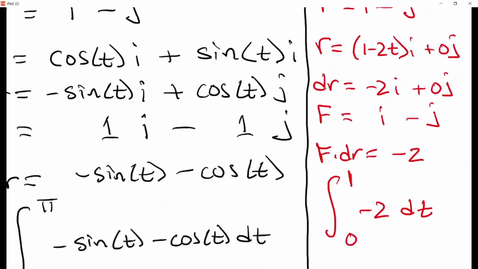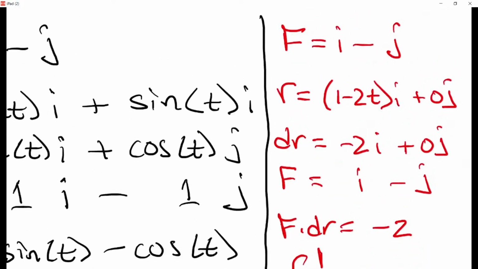There we go. So I did most of the work for you because it's all super basic. The vector field is still the same. The vector function, which represents the curve, is going to be the same thing. This is that line that we had from (1, 0) to (-1, 0). The derivative is still the same as before. I did the dot product for you. I just got negative 2 times 1 plus 0 times negative 1, so negative 2.